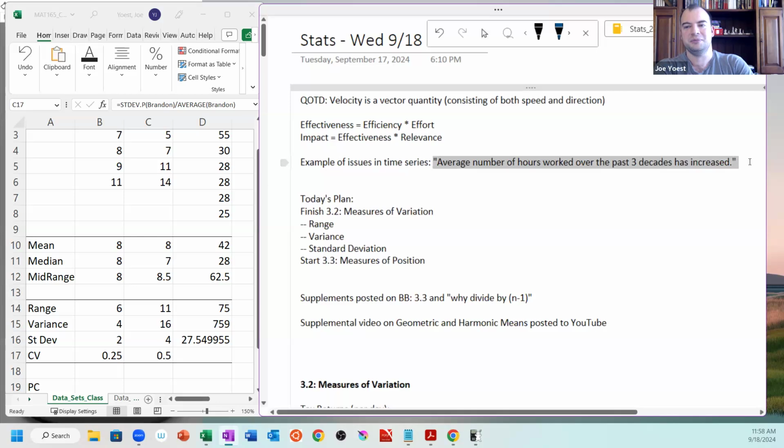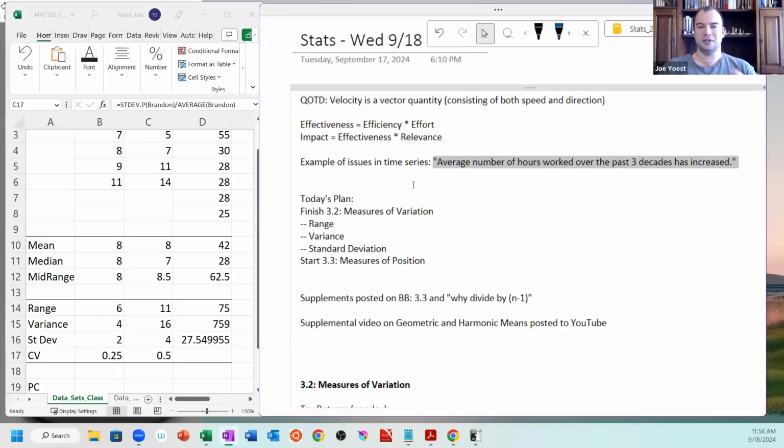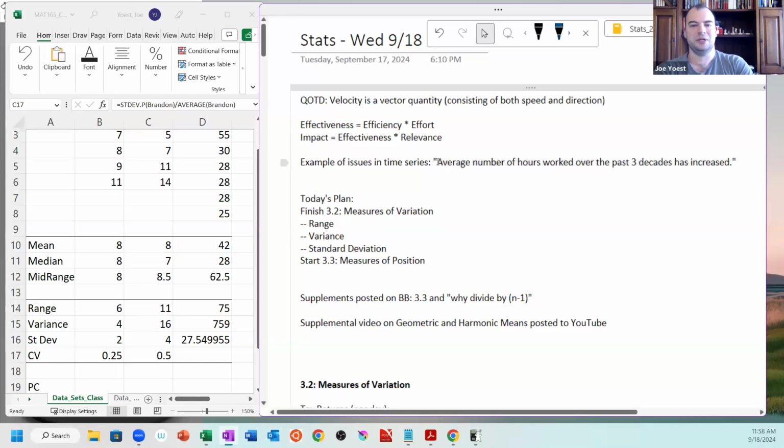In a discussion regarding affordability of housing, somebody made a statement, and I'm not going to say my opinion on it or what the context was, but part of his support for his argument was that the average number of hours worked over the past 3 decades has increased.